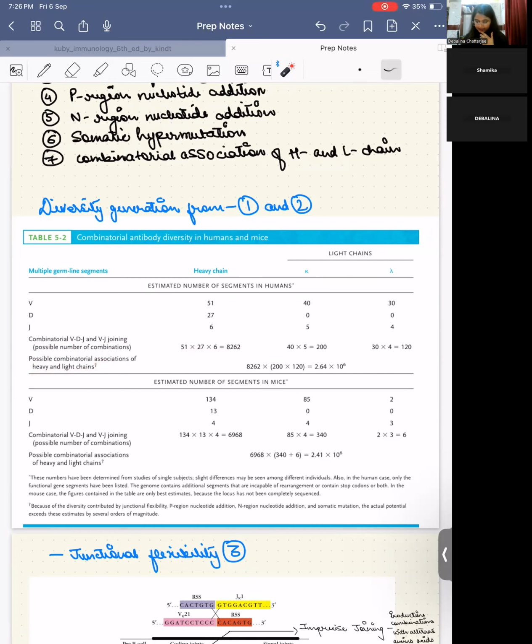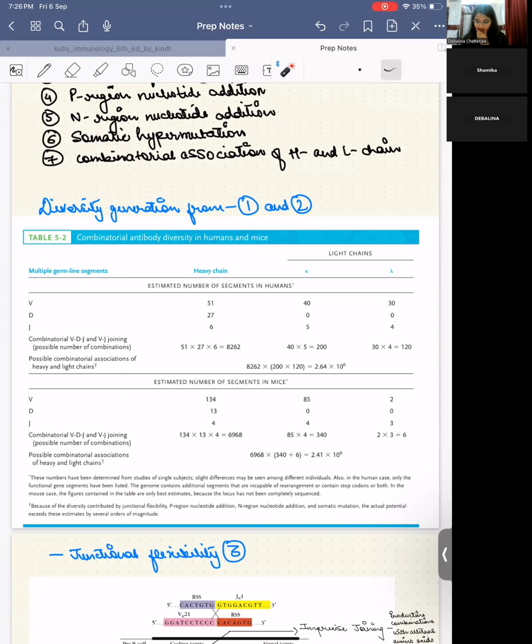So try and understand this, that we have this many heavy chains that can form by the possible joining of these many V, D, and J segments.